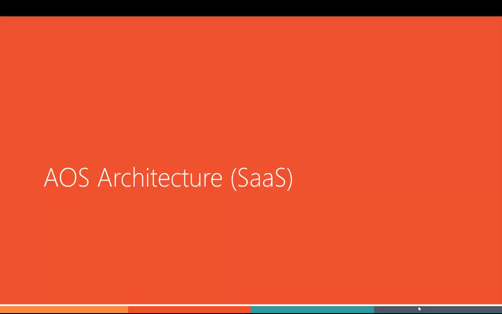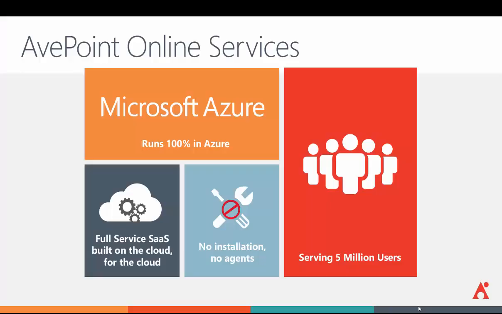So what does the architecture for this actually look like for our software as a service, where we're running this platform and all of these different services? Well, AvePoint Online Services is hosted 100% in Microsoft Azure. It is considered a full service SaaS built entirely in the cloud. And what that means is that there are no local installations on your network or on your client machines.